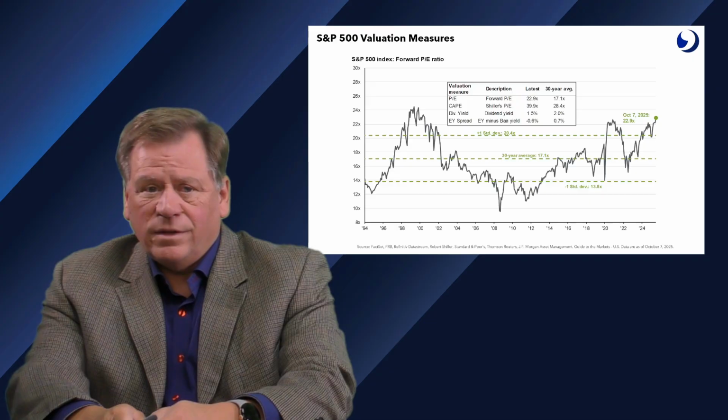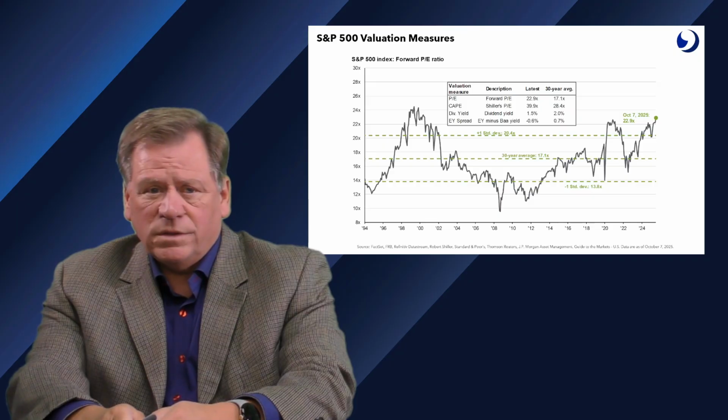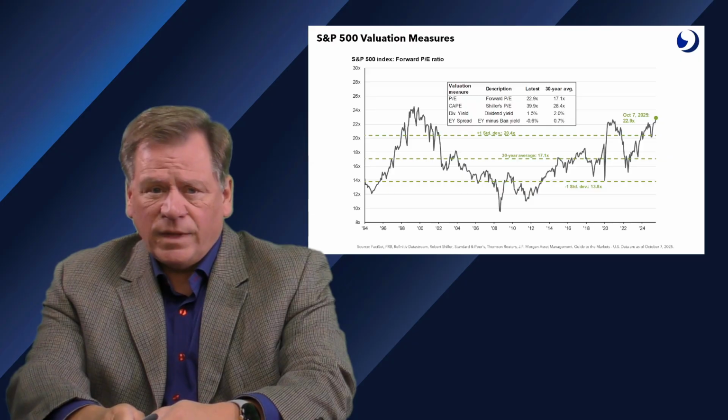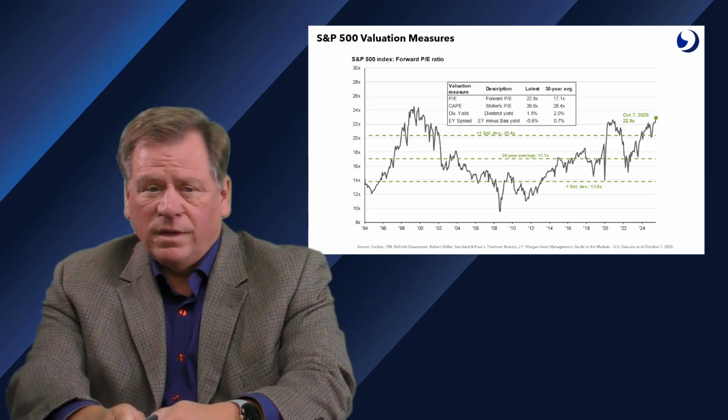If we went back to the average of 17 times, which by the way is what we did 3 years ago when the Fed was raising interest rates, back to 17 is a 25% decline in the market. And that assumes we still get high earnings, 13, 14%. If we don't get high earnings, you could have a 30+% decline in the market.